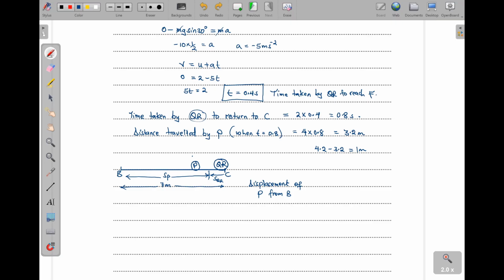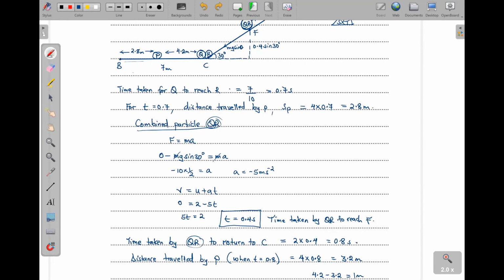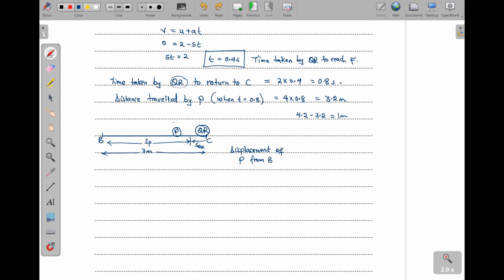So at first, remember I told you, it had moved 2.8. Then after 0.8 seconds, it has now moved 3.2. So we are going to get 2.8 plus 3.2.